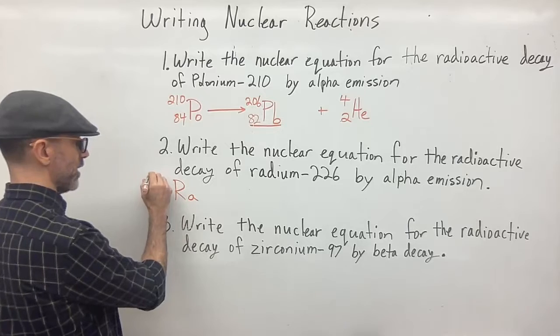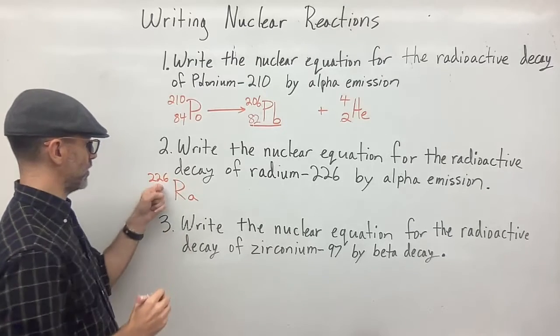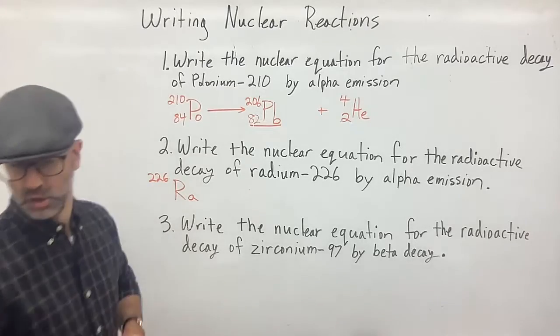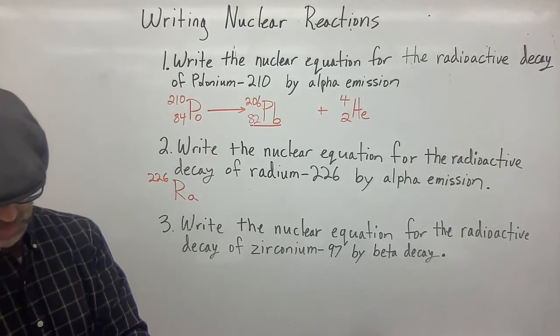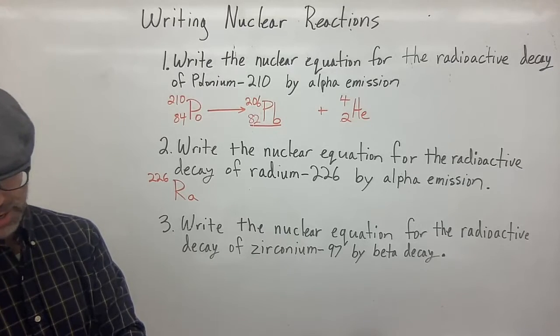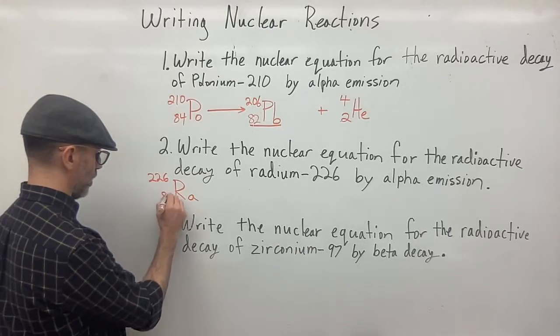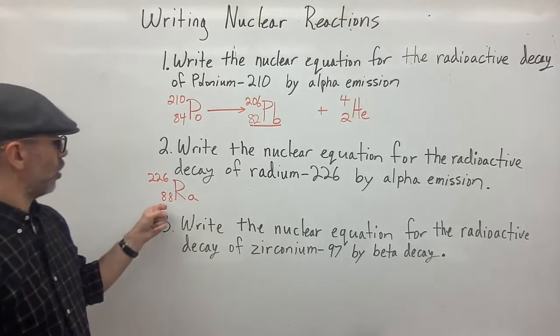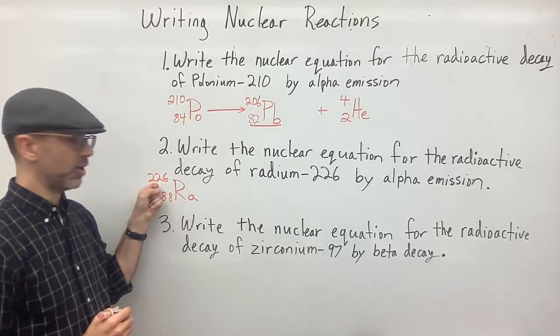So 226 is the mass number, so that's going to go on top here. And so let's look up radium. Radium is number 88. So that's going to go down here. That's the atomic number, and this is the mass number.